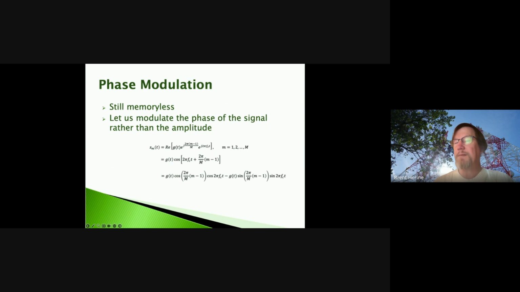That's a complex exponential, right? And then we take the real part of that, and that should return us the actual signal that we're dealing with. But it allows us to focus on this low pass equivalent circuit here.